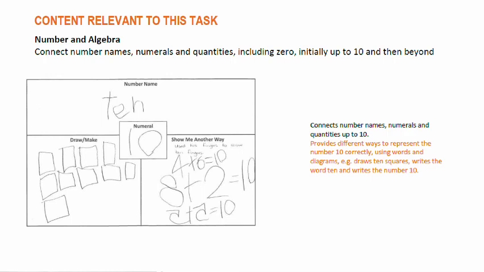So what we wanted them to be able to do was to then annotate over the top and say, right, what have they been able to achieve? So if we look at this work sample, we can see that they are connecting the number names, numerals, and quantities, doing exactly what we wanted them to do. So in orange, it provides some more information. So it says provides different ways to represent the numbers 10 correctly using words and diagrams, draws 10 squares, writes the word 10, and writes the number 10.